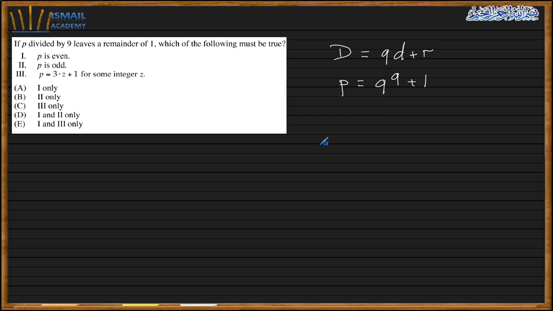Which of the following must be true? Is p even? How do I know if p is even?